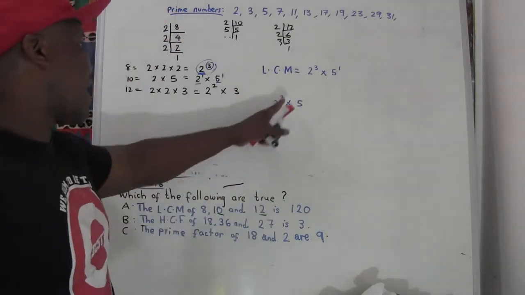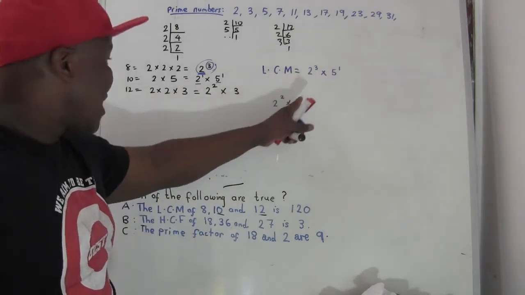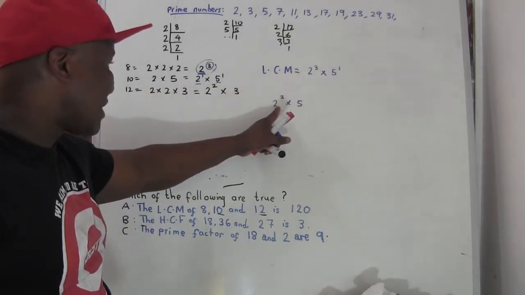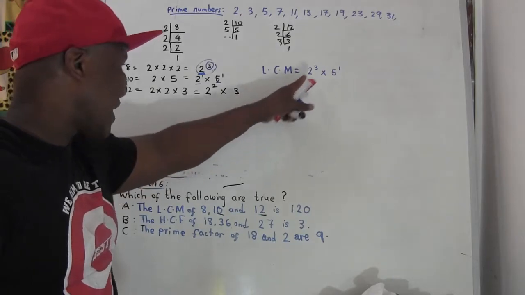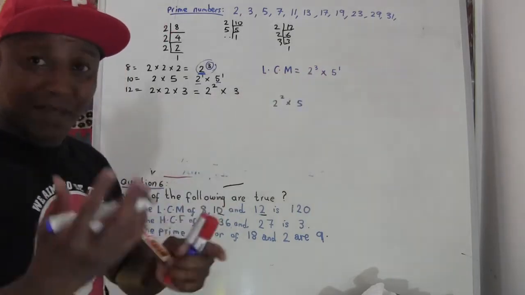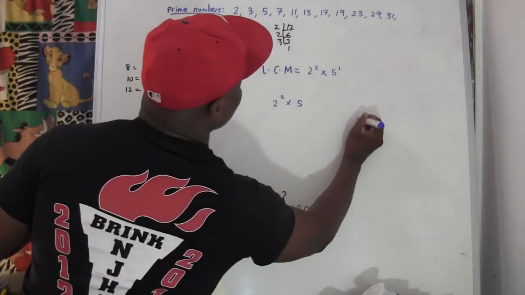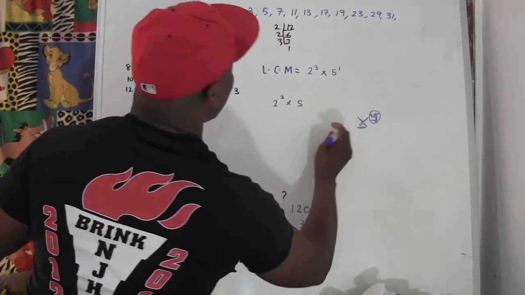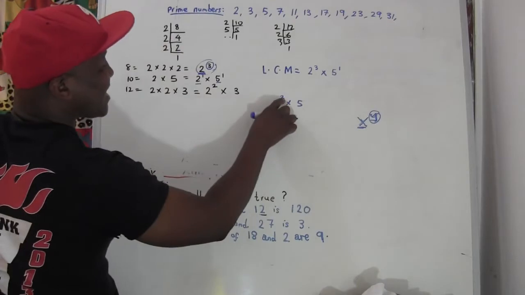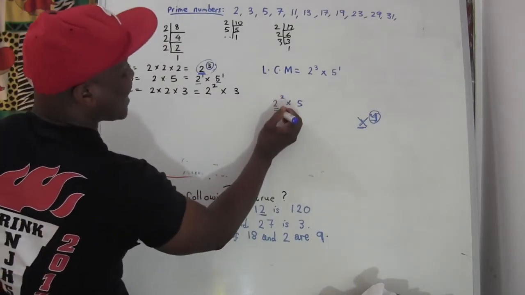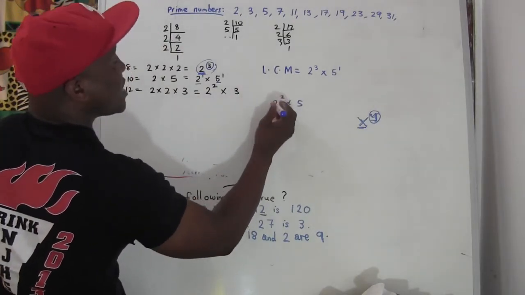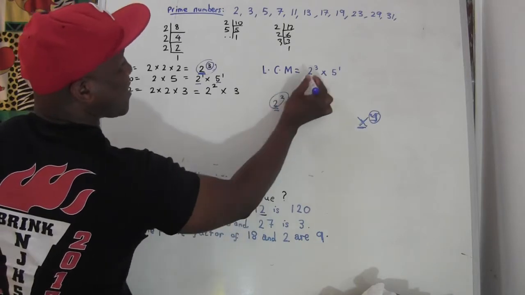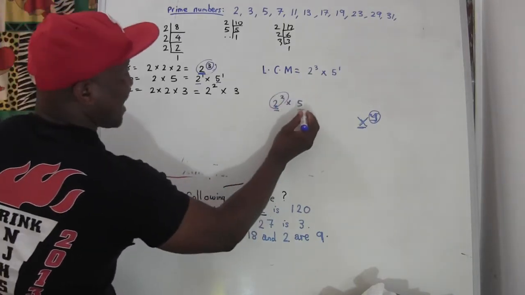Because you don't take a number with the same base again, even though this has a higher exponent. This is the base, the number at the bottom, and this is the exponent. So even though this has the highest degree, I couldn't have taken 2 power 2, because it's the same base as the top one. So by any means I'll go for this.